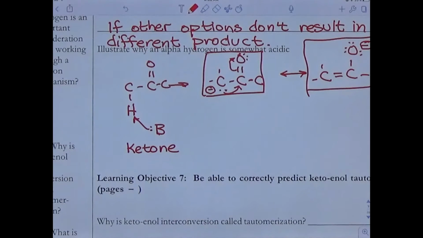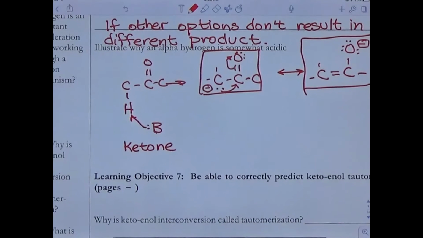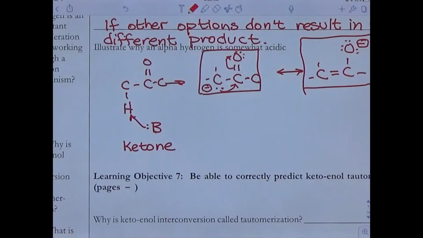For this description of ketoenol tautomerization, the ketone could be a not-ketone also. It could have hydrogens or a carbon and hydrogen. As long as there's a carbon double bonded to oxygen, and then carbon at least on one side or maybe two.